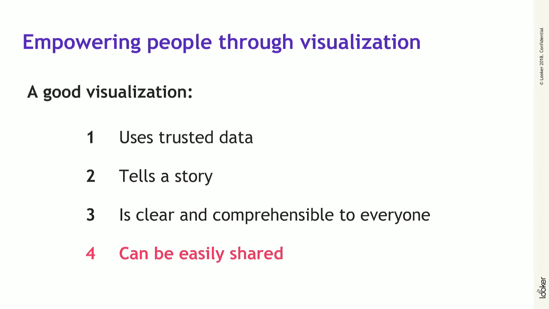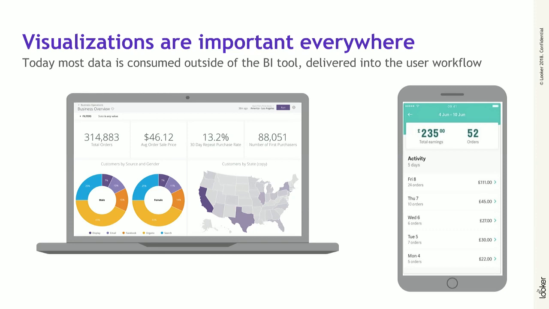At this point in our visualization development process, we have data that we trust, and we found a way to tell the story that's clear and easily understood by everyone. The last thing we need to do is make sure that everyone can easily get access to the chart. You spent so much time getting these visualizations together and making them truly impactful.